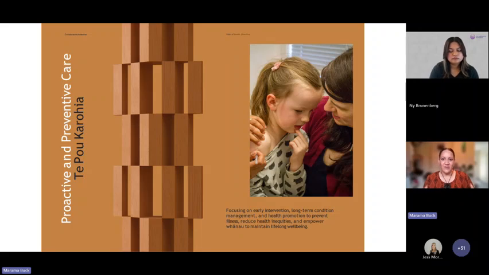So we focus on early intervention, population stratification, planned care clinics, and using really good quality Pou Ora plans that are co-developed with the whānau or the patient that you're supporting.